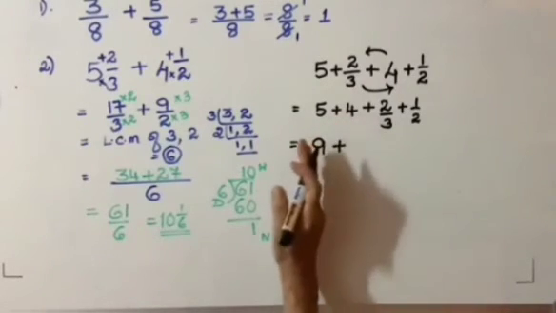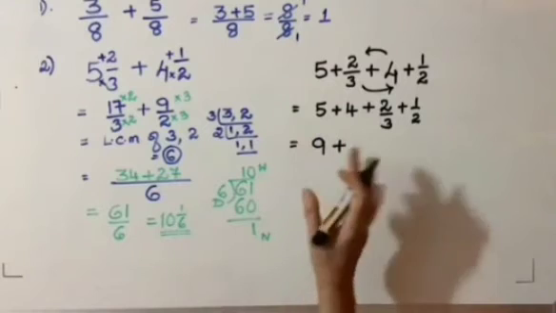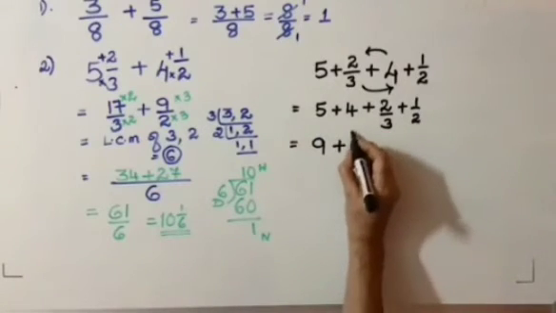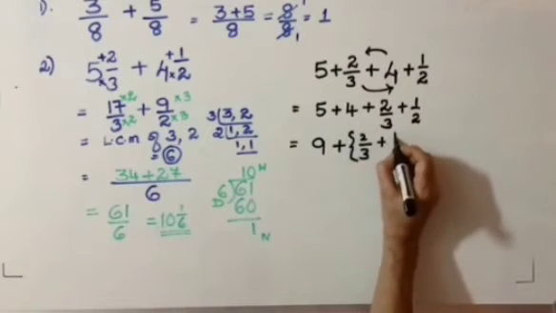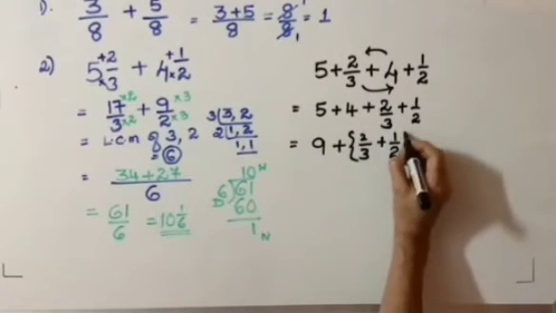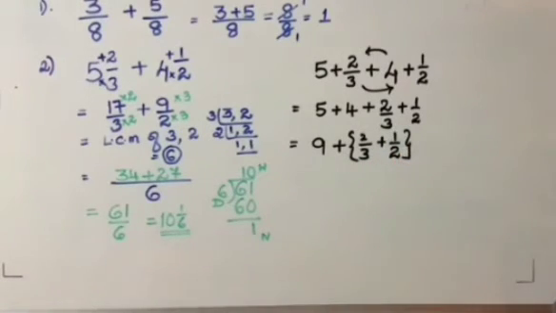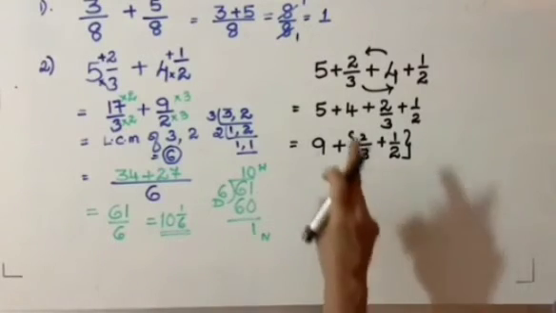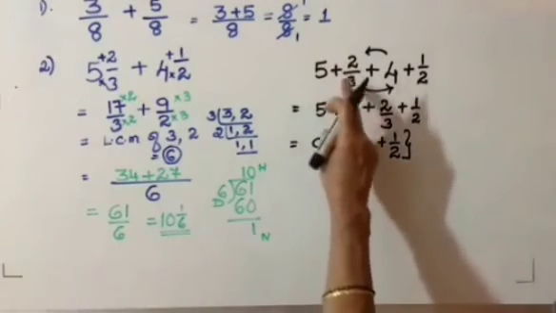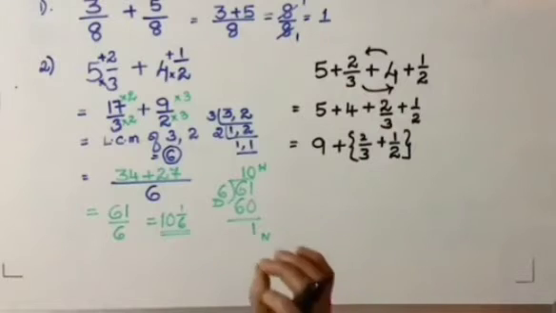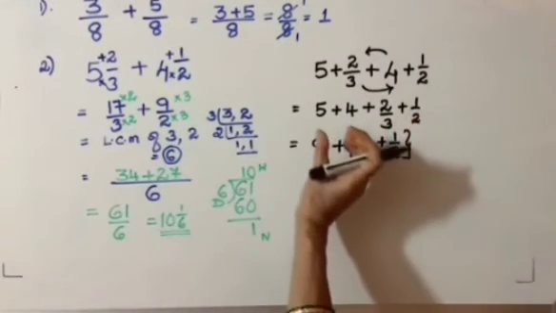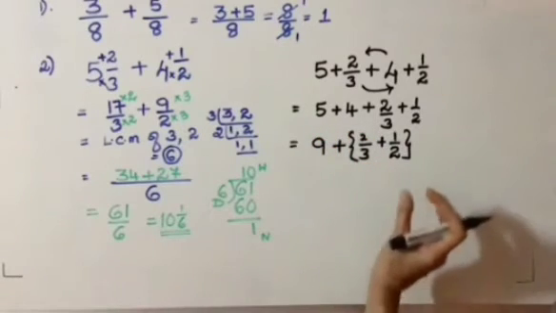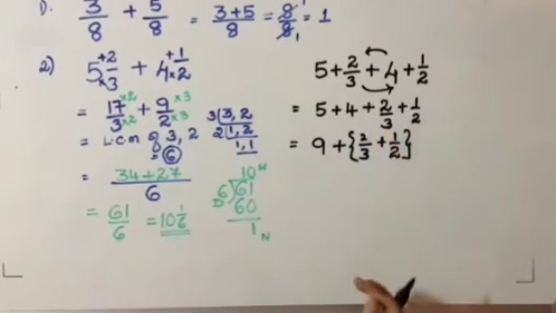Plus, keep the whole number part as it is and make your fractions simpler. How? 2 by 3 plus half. Children, any doubt here? What have I done? I have written the mixed form 5 2 by 3 as 5 plus 2 by 3, 4 plus half. We have grouped the whole numbers and grouped the fractions.